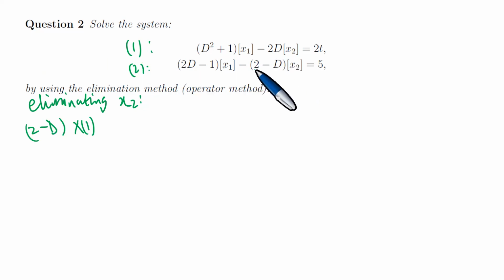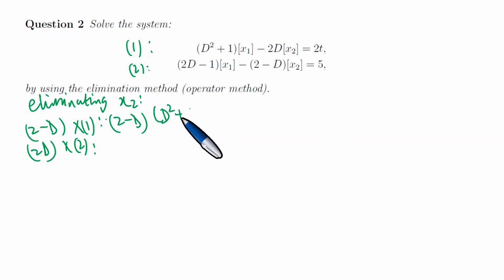And then obviously we'd have to multiply the other one by twice d, so twice d times equation 2. If you multiply this one by this here, it's going to be exactly 2 minus d.